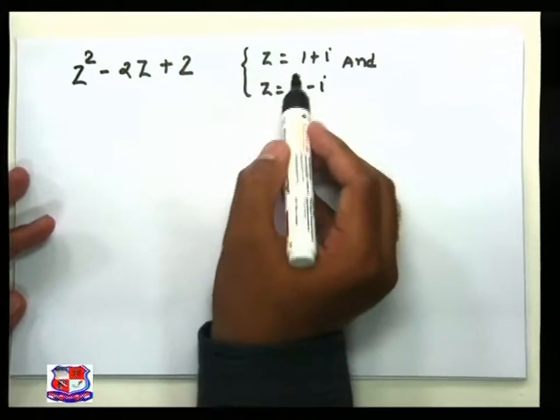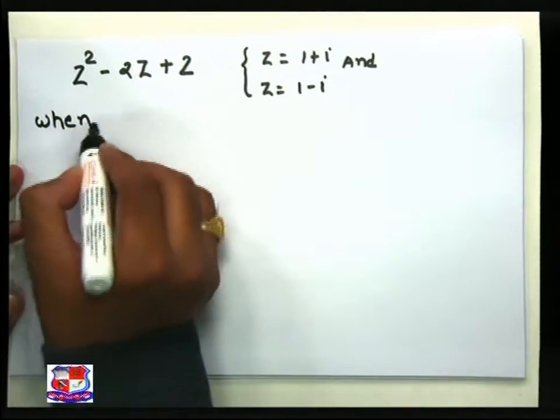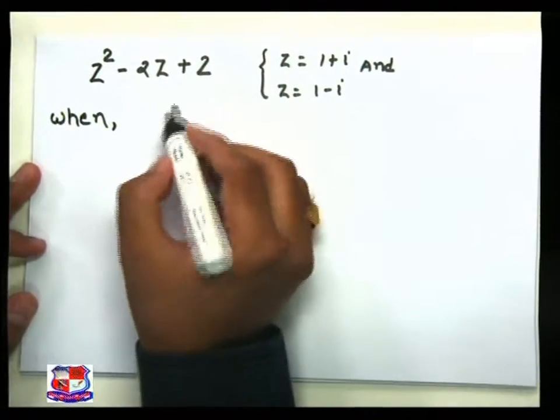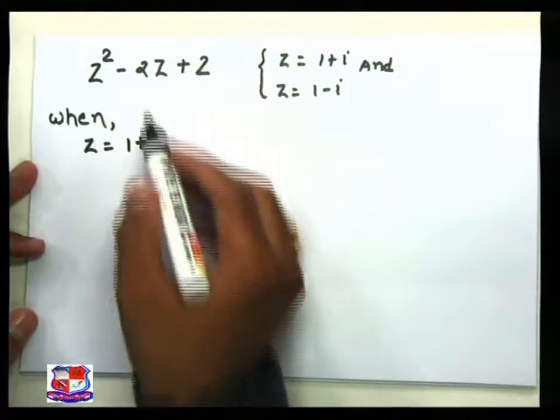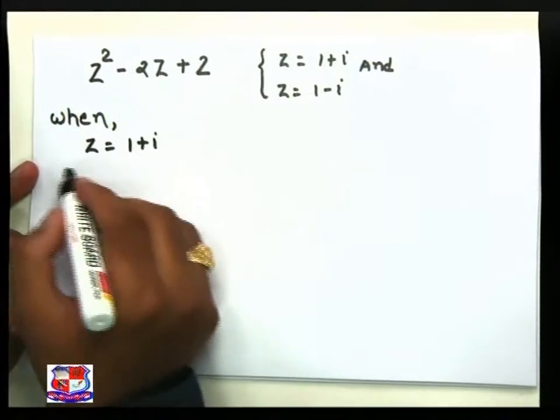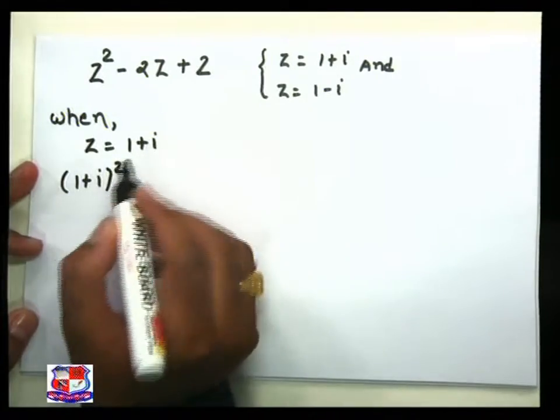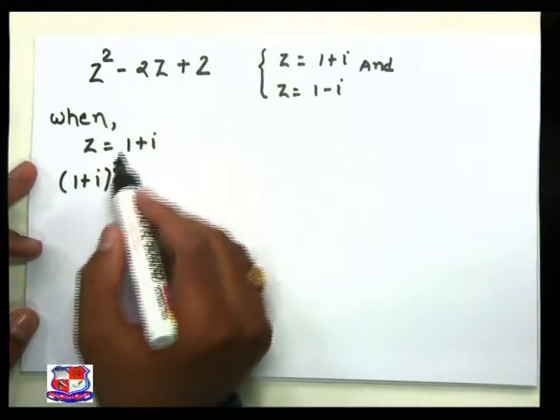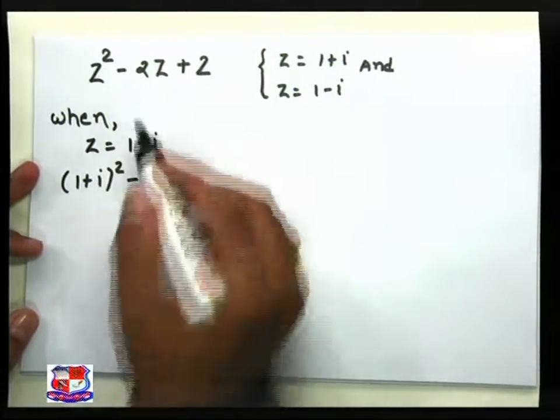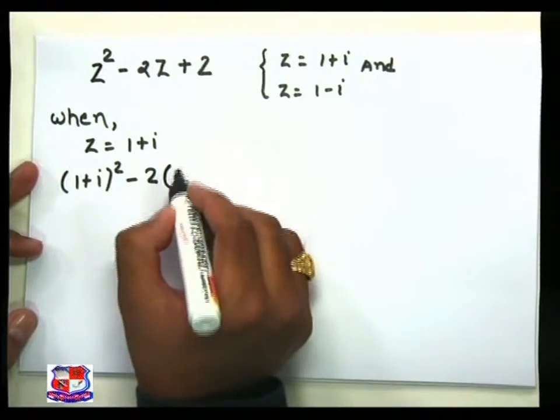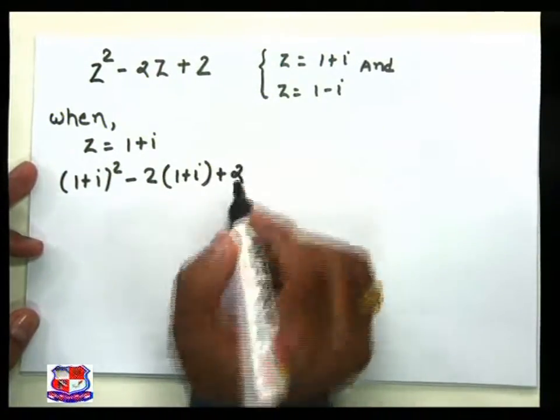So first, when z is equal to 1 plus i, our equation becomes (1 plus i) square, minus 2 times the z value, that is (1 plus i), plus 2 as it is.